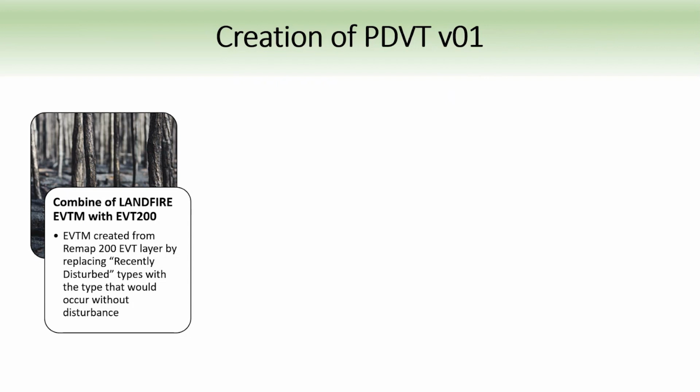And what that layer did was replace all of the recently disturbed types that exist in the LANDFIRE layers with the vegetation type that would have been there without disturbance. So to go through and get rid of areas that were just mapped as recently disturbed forest and replace it with the actual forest type.